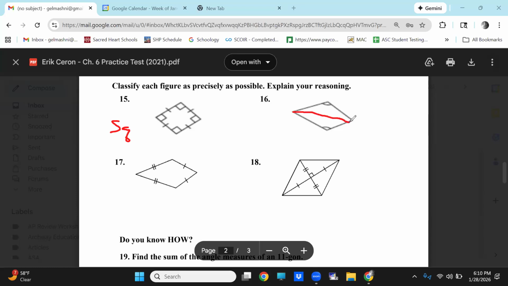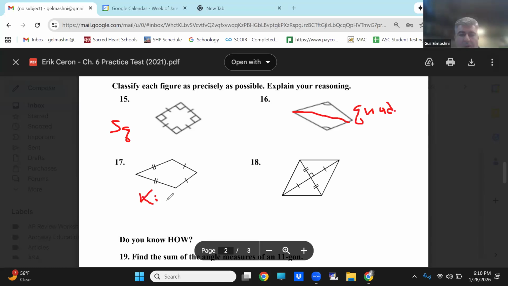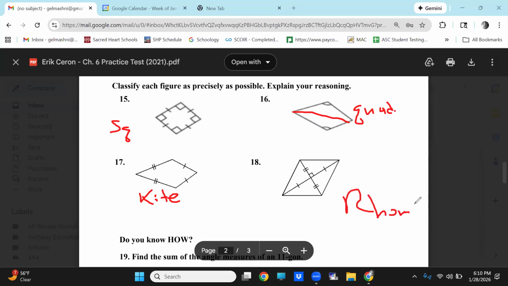I only know some shapes because of playing cards, actually. We just say quadrilateral. But this is a kite. Those are not called diamonds. So would you call 18 a rhombus? Good, you got it.